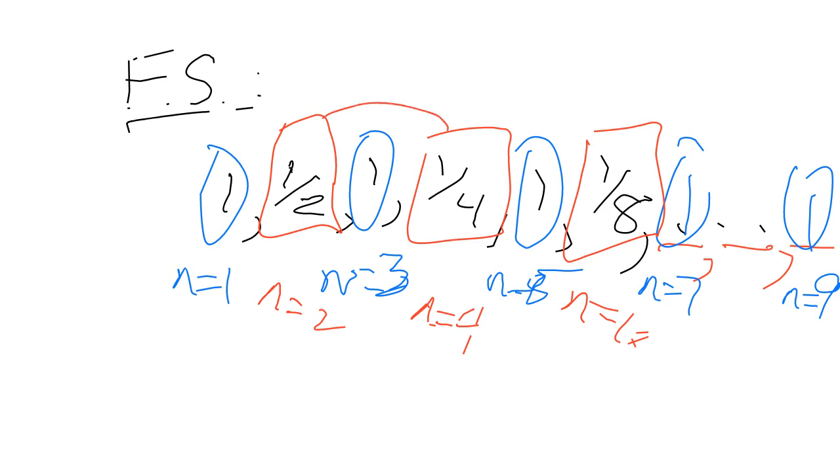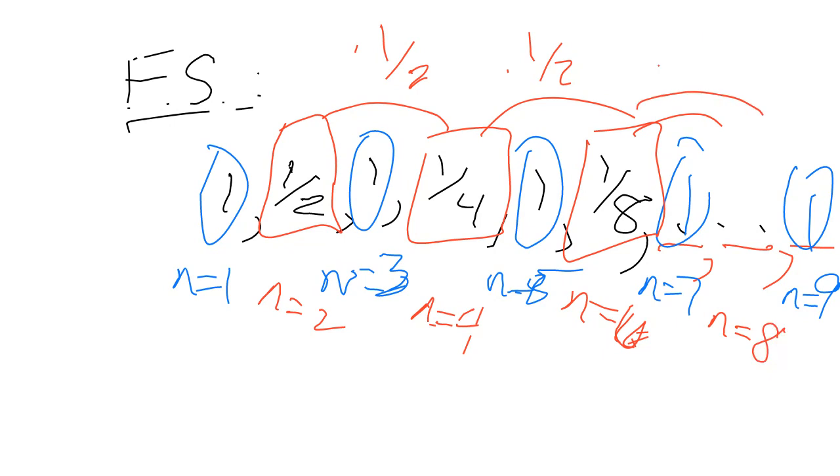So to get to the next one, we're going to multiply by a half, right? So this is the 8th term. I multiply by a half again. So to get to the 8th term, it's going to be 1/16, right?